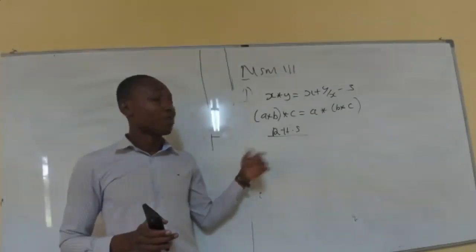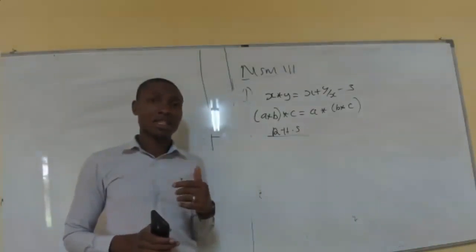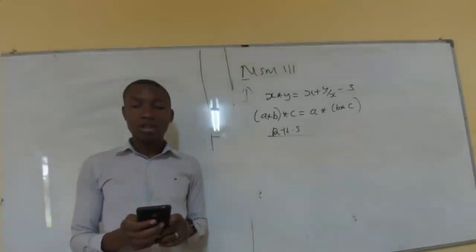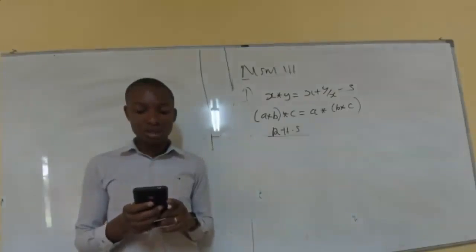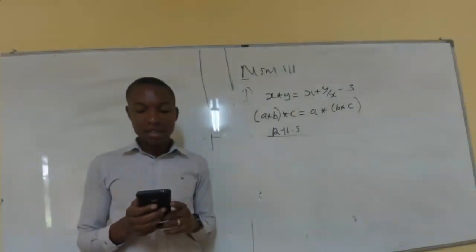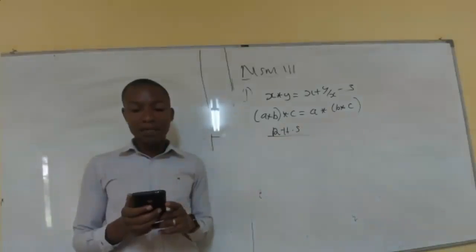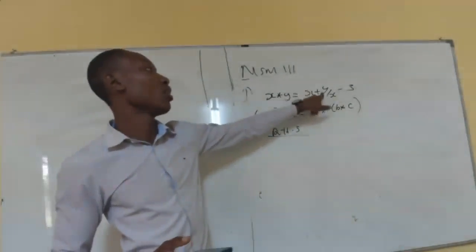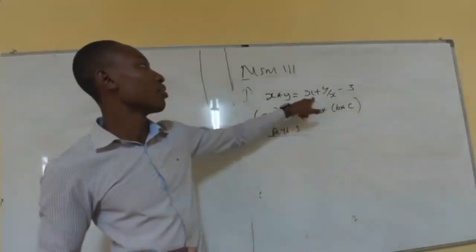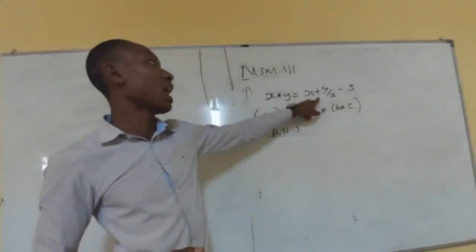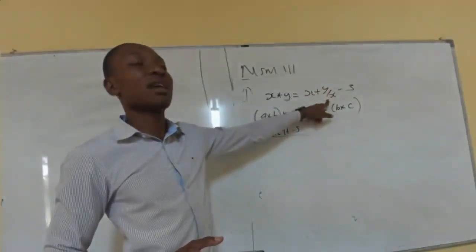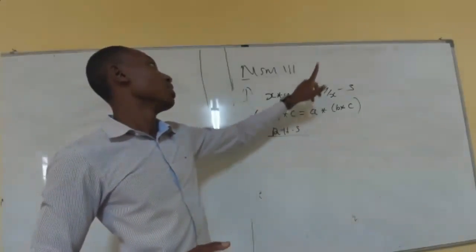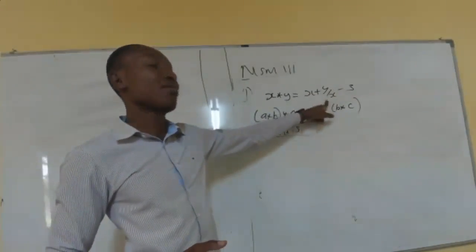When the operation becomes more complex, you need to understand what the operation does, the one that has been given in the question. According to the question, x star y is defined by x plus y over x minus 3, meaning to the first number, add the second number over the first number, then subtract 3.